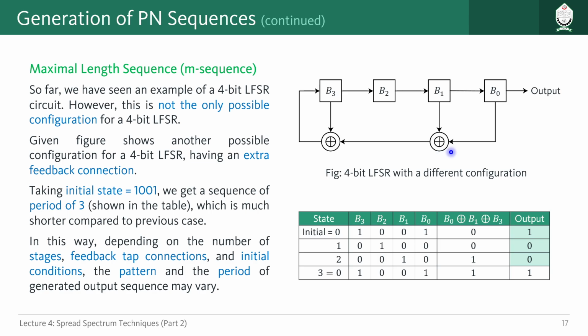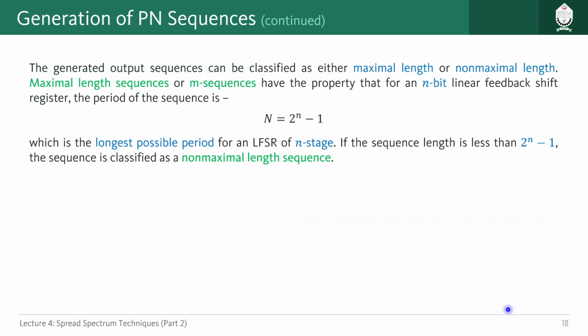In this way, based on the number of stages we have for our LFSR, the number of feedbacks we have, and also the initial state we are using for our LFSR, the pattern and the period of our generated sequence can change, right? Now the sequences we are generating from these LFSRs can be classified as either maximal length or non-maximal length.